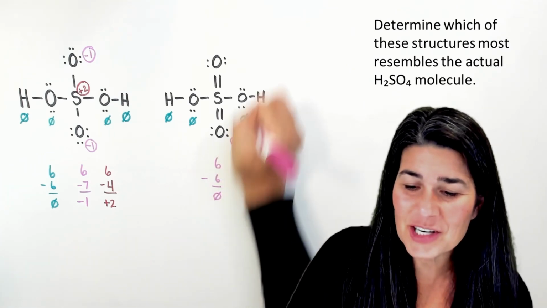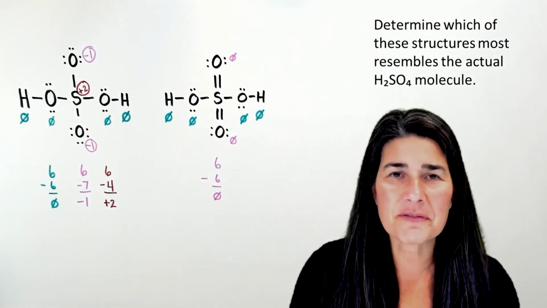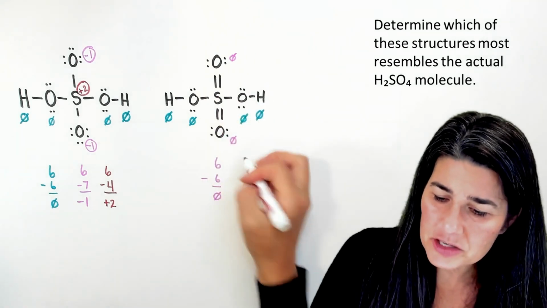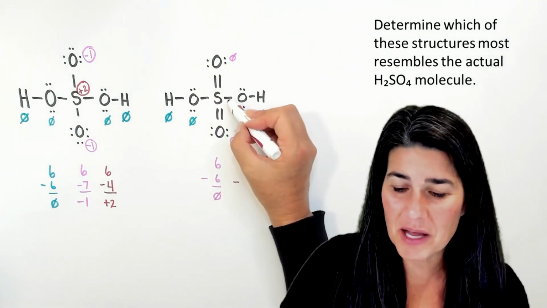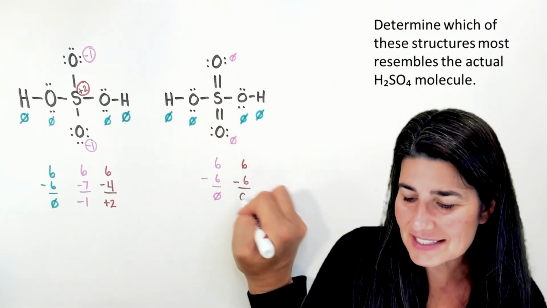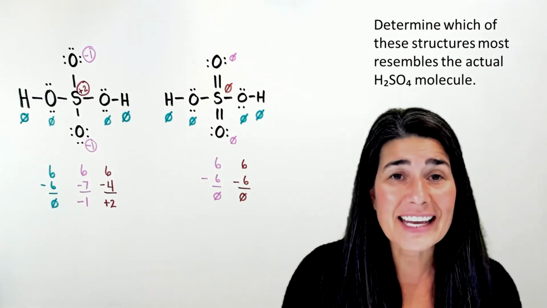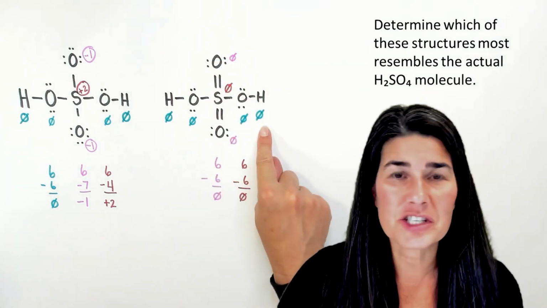That is better than -1 formal charges. What about the sulfur though? If we look at our sulfur right here, sulfur should have 6 valence electrons minus half from each of these bonds. 1, 2, 3, 4, 5, 6. 6 minus 6 is also 0. So the structure on the right is a better Lewis structure, having the lowest formal charges possible.